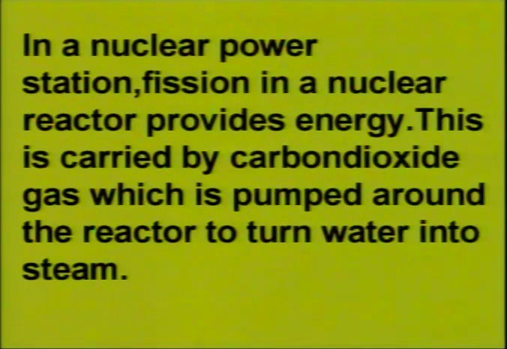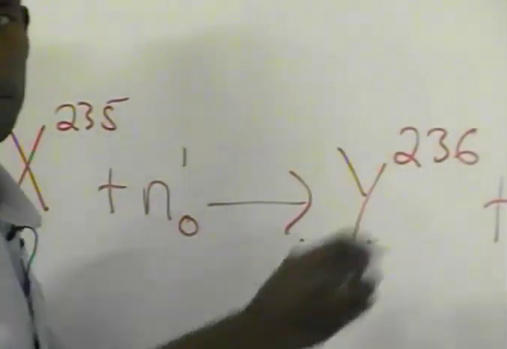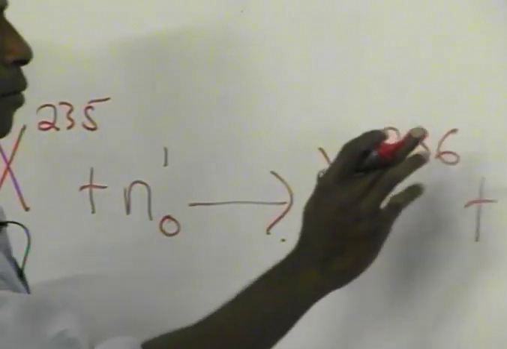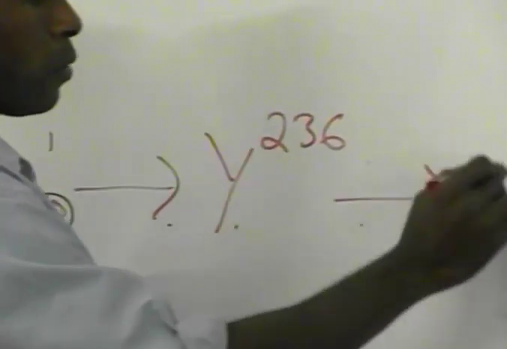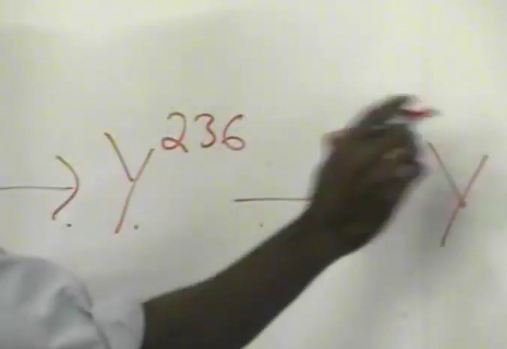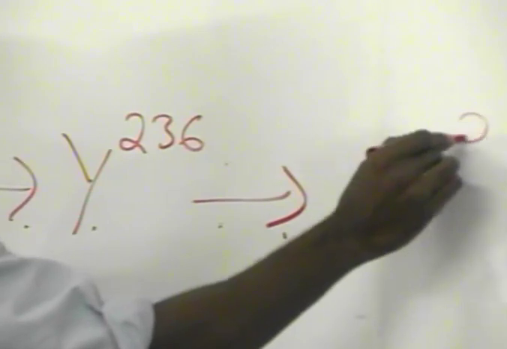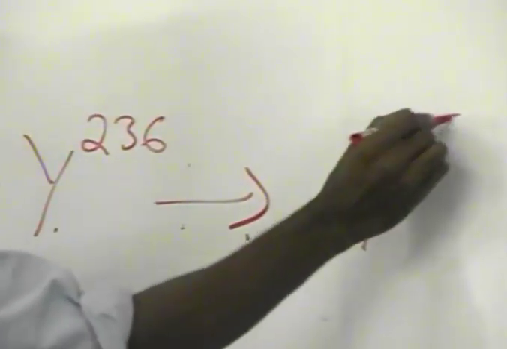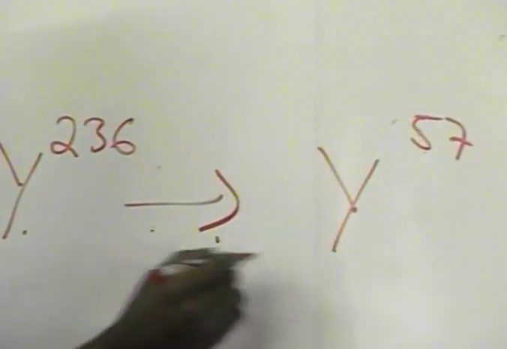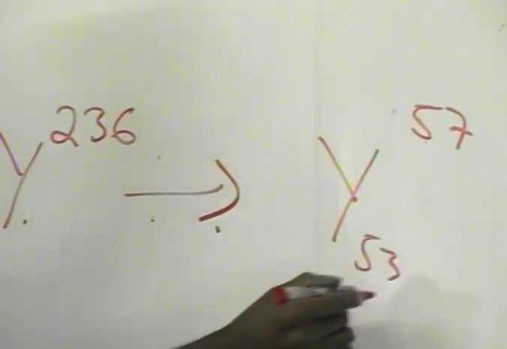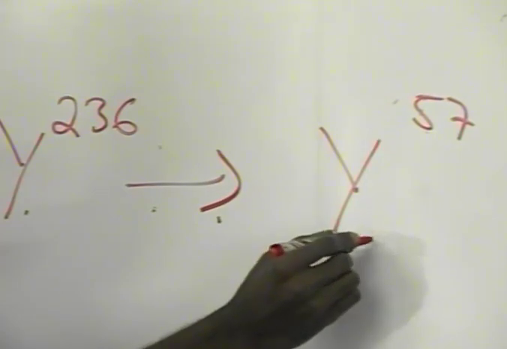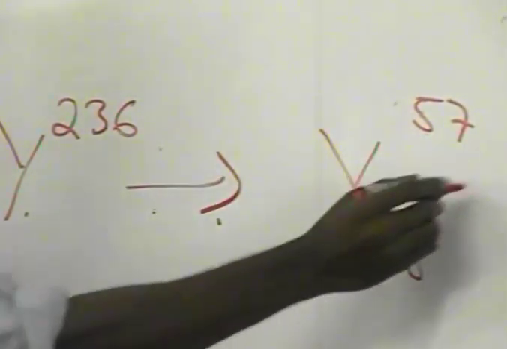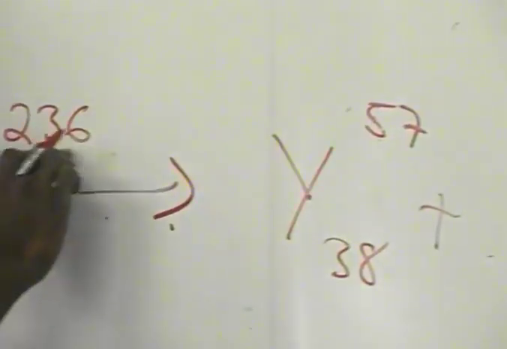Okay, but this one stays the same, and then it emits. This will further break down to form other two. Another will be half of that, let's say if this is 57, this one will be 53, or let's say 38 plus one of these.